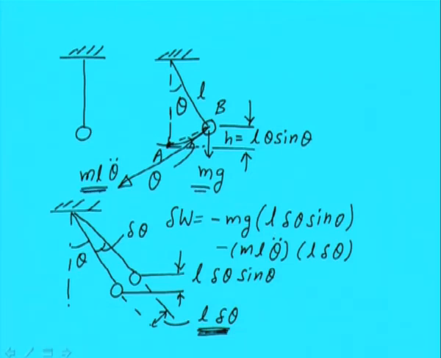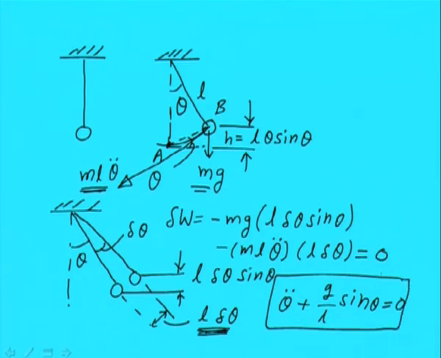So this is the total virtual work done. Now according to this principle, this should be 0, and if you simplify this, you can see that this gives theta double dot plus g by L sin theta, which is a familiar equation for us.